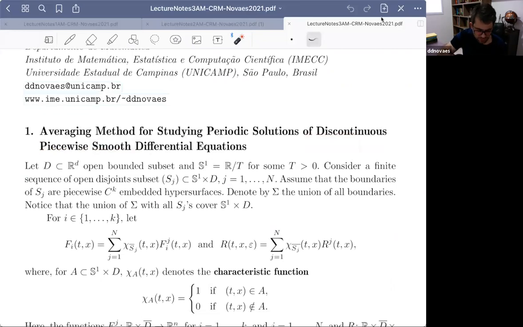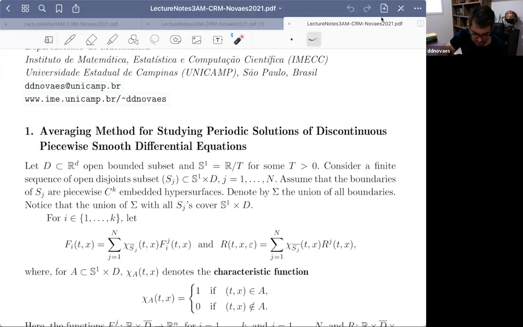Okay, so let us consider D an open bounded subset of a Euclidean space. S1 here will be the quotient of R by the integer T. It's just to simplify the decomposition of the space that I will do here. It's the same as assuming that all the functions are T periodic in the time variable. Okay.